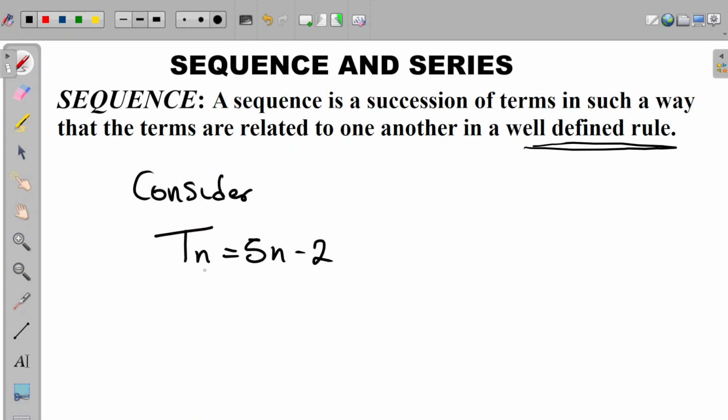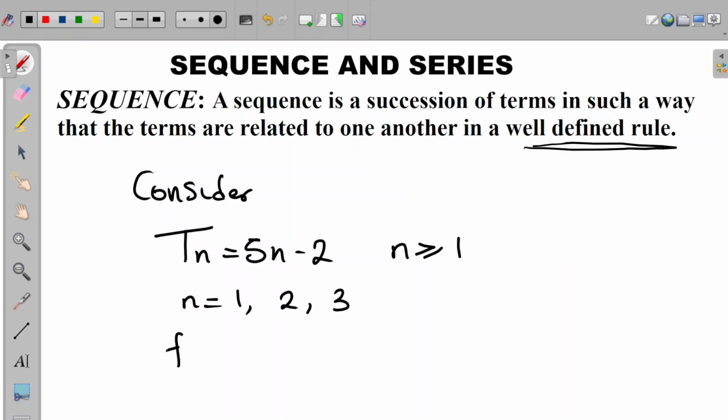So we are given that the nth term is equal to 5n minus 2. And if n is greater than or equal to 1, we can obtain the first three terms of this sequence. So if n is 1, 2, and 3.